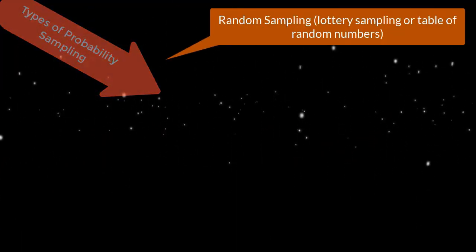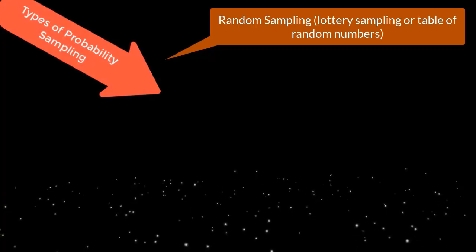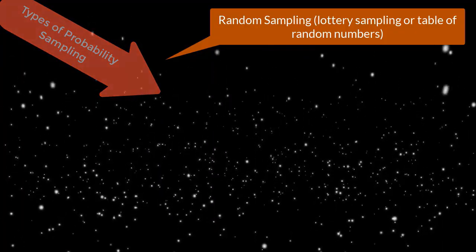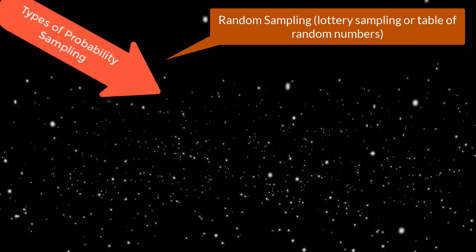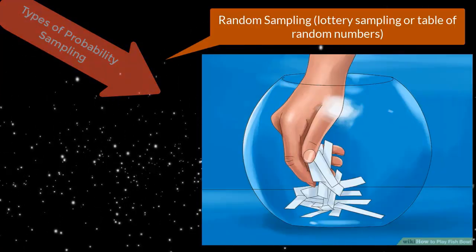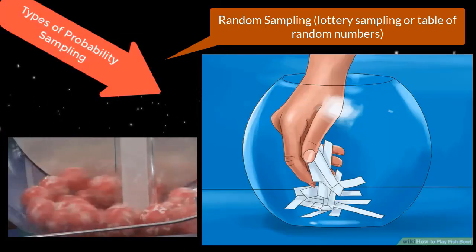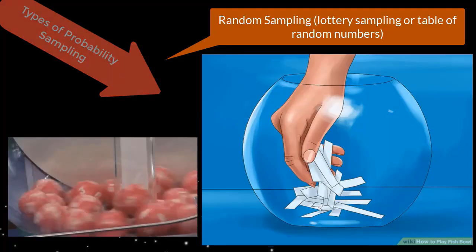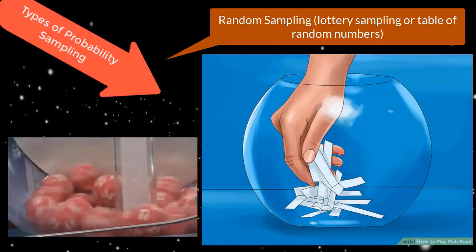This is done by using a lottery sampling or table of random numbers. To illustrate this, number each subject in the population. Afterwards, place each number in a fishbowl and select as many card numbers as needed. Then, the subjects whose numbers are selected will constitute the sample.